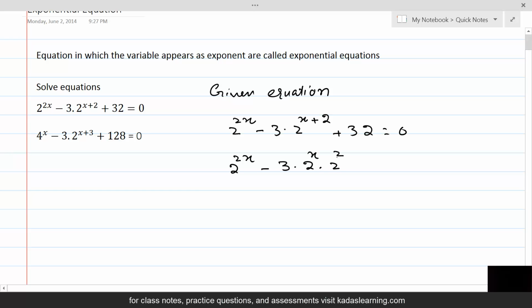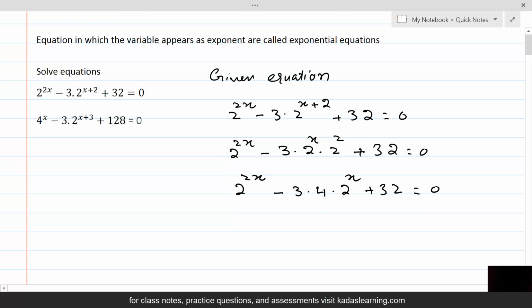According to the laws of exponents, we can add exponents if we multiply 2 power x and 2 power 2. Plus 32 equal to 0. So here 2 power 2 is equal to 4, so 3 times 4 times 2 power x plus 32 is equal to 0.